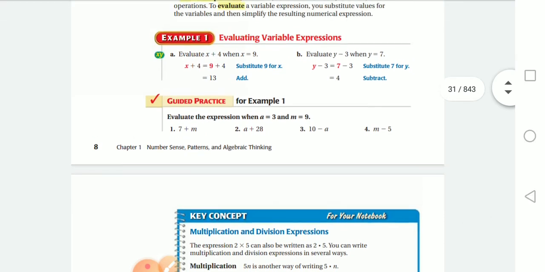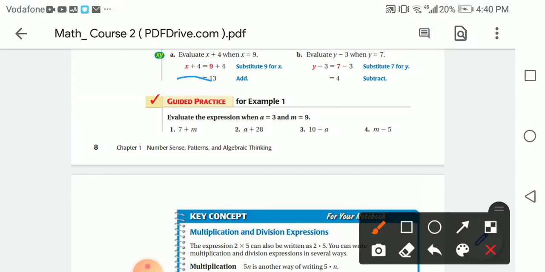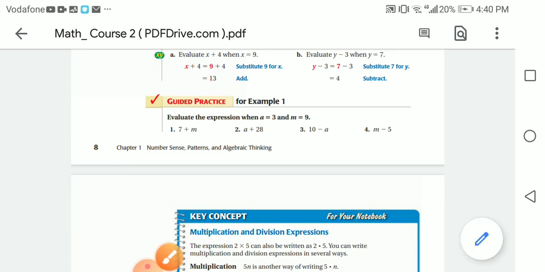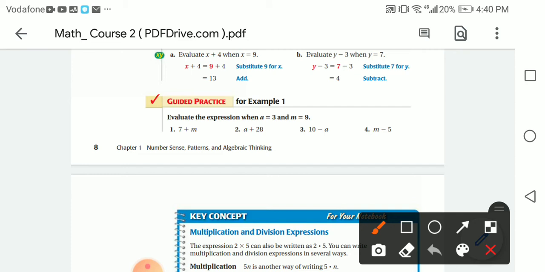Let's see. Okay, for example 1, evaluating variable expressions. Evaluate x plus 4 when x is 9. Easy or not? Very easy. X plus 4, let me write this. X plus 4, okay?